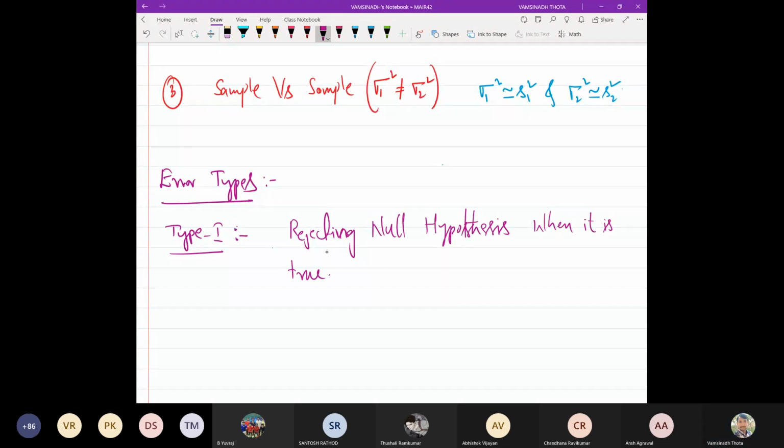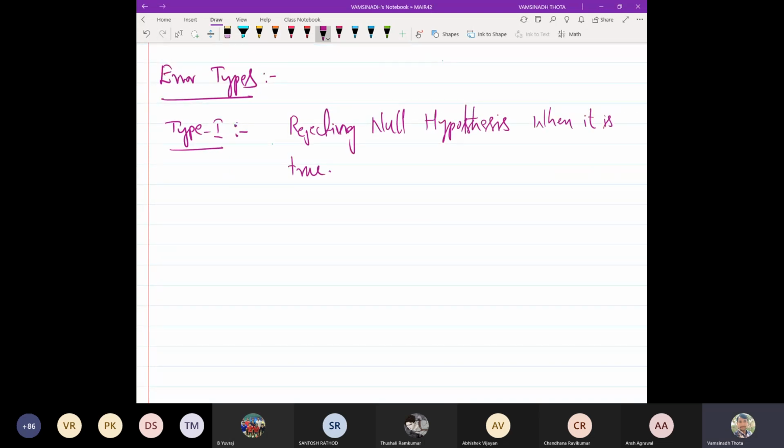In a practical way, what would be an example of type 1 error?